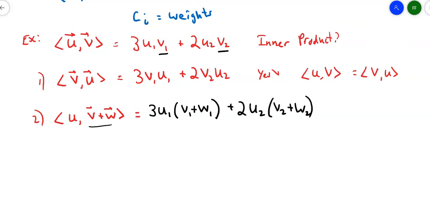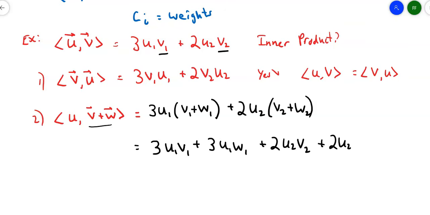All right, let's distribute. So that'll give me 3u1 v1 plus 3u1 w1 plus 2u2 v2 plus 2u2 w2. All right, let's take certain pieces and combine them.